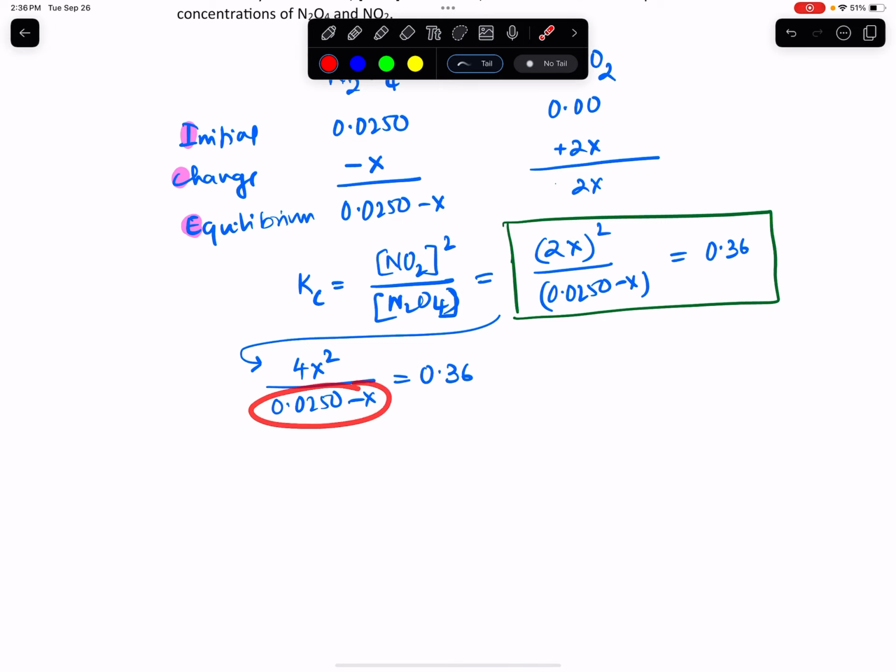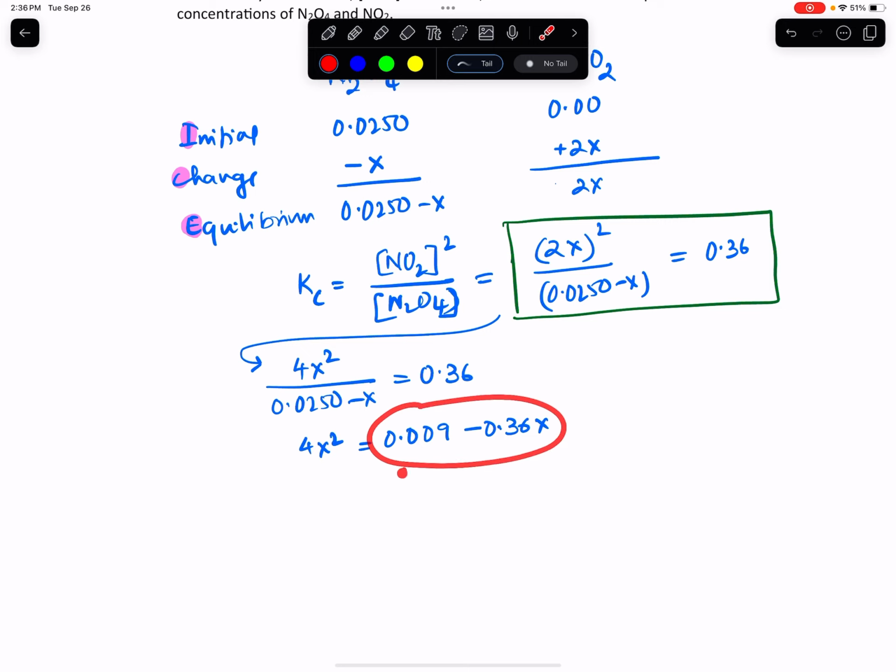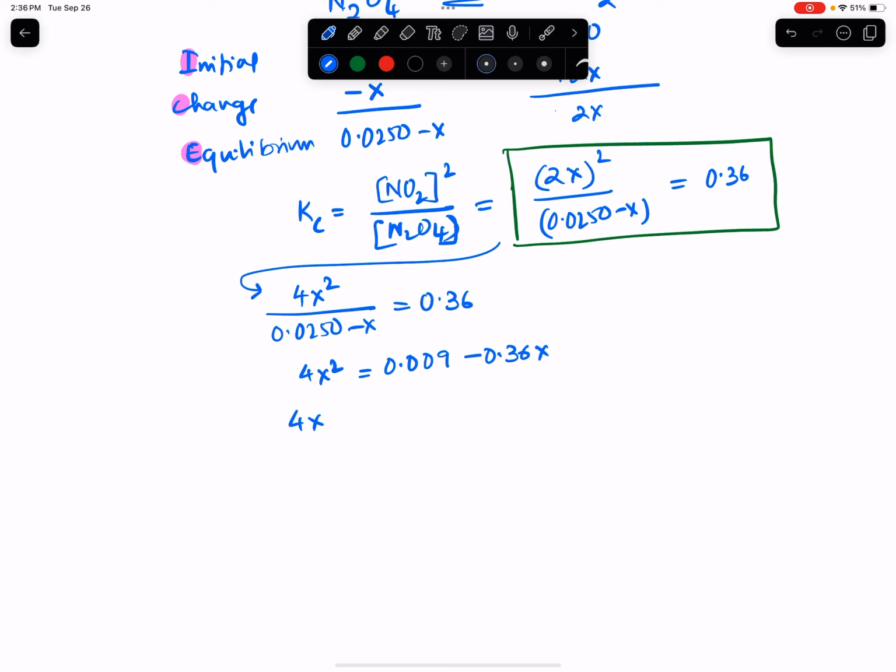So then when I do that, I get 4x squared is equal to 0.009 minus 0.36x. Now I'm going to take everything on the right and push it to the left and make the right equal to 0. So that gives me 4x squared plus 0.36x minus 0.009 equals 0. And now we have a quadratic equation.